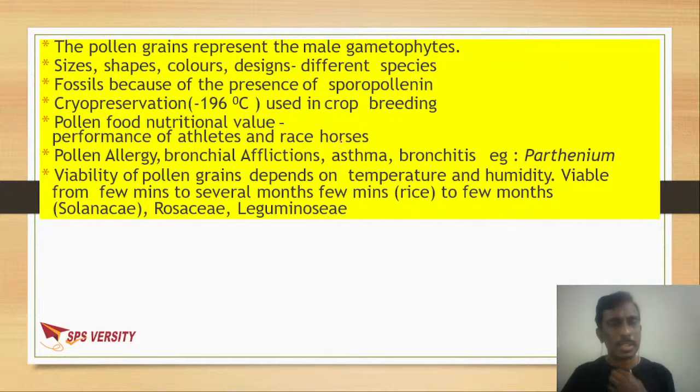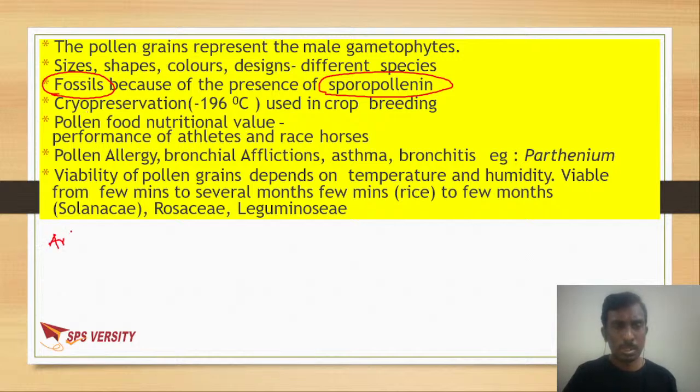These pollen grains are very resistant to strong chemicals due to the presence of sporopollenin. That's why, due to the presence of sporopollenin, pollen grains are preserved as fossils. In the process of evolution, pollen grains are preserved as fossils. This is natural.